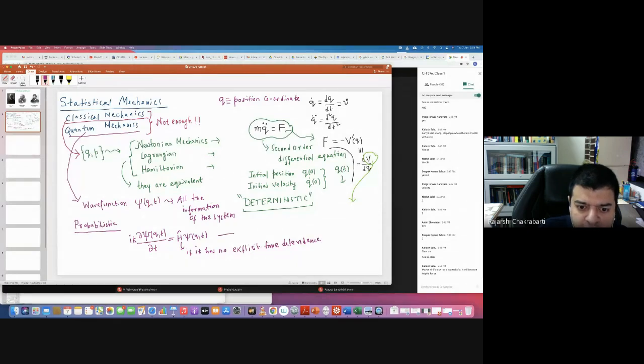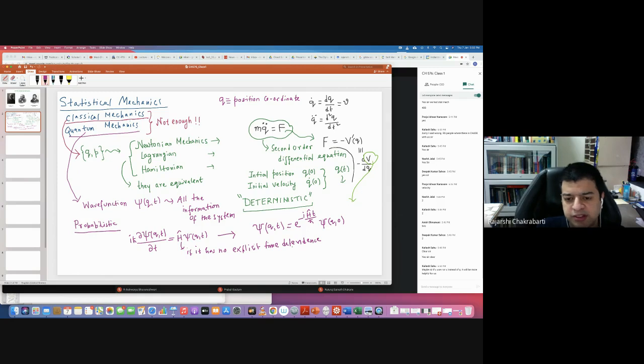Then you write down the solution, and you know that psi(q, t) you can write as e to the power of minus iHt by h-cross times psi(q, 0).